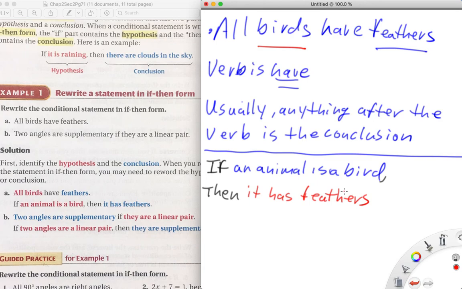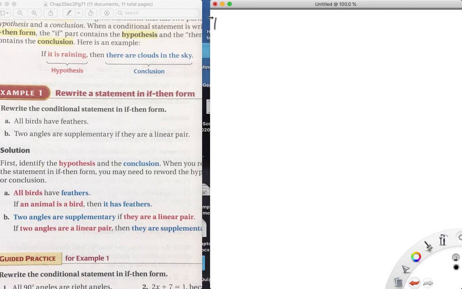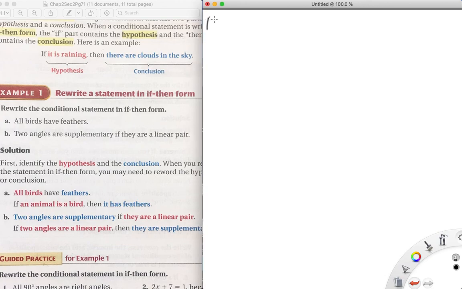two angles are supplementary if they are a linear pair. What's good about this one is that they already have it broken up. Remember, anything after if, and in the sentence itself it has the if statement, so that's nice.